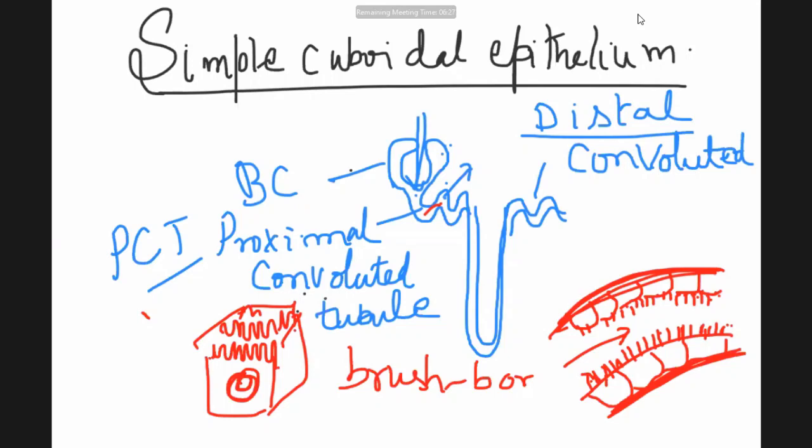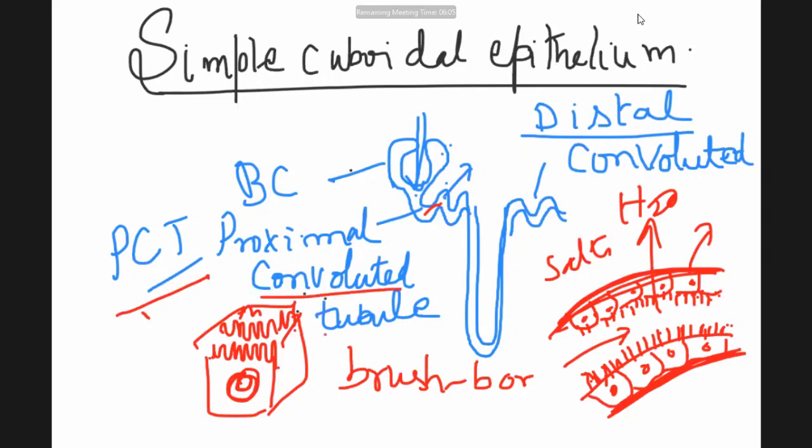So these will absorb nearly 70% of the filtered fluid back. Water is taken back, salts are taken back, glucose, amino acids, vitamins are taken back. So to increase surface area of absorption, in the proximal convoluted tubule, cuboidal epithelium has a brush border.